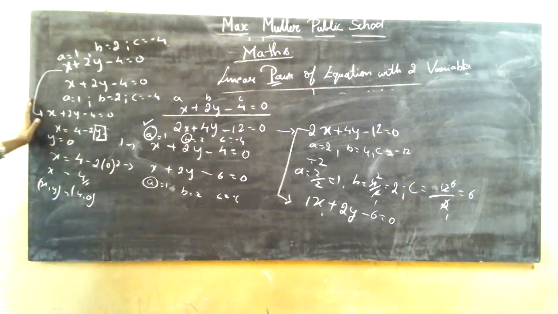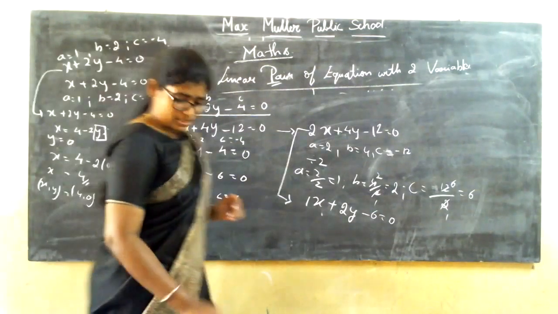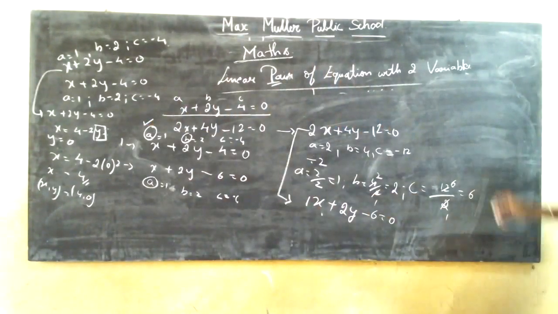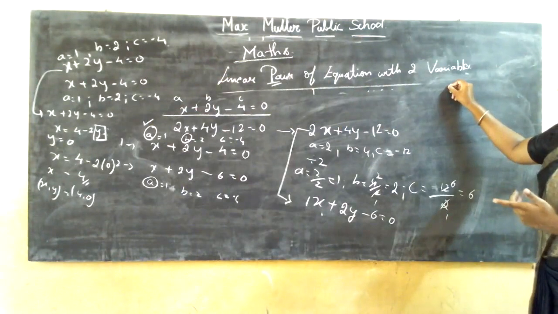Now you have got a clear picture about the intersecting lines, parallel lines and coincident line. Now how are you going to find out the intersecting lines? The intersecting lines are found out when you have different x and y terms.